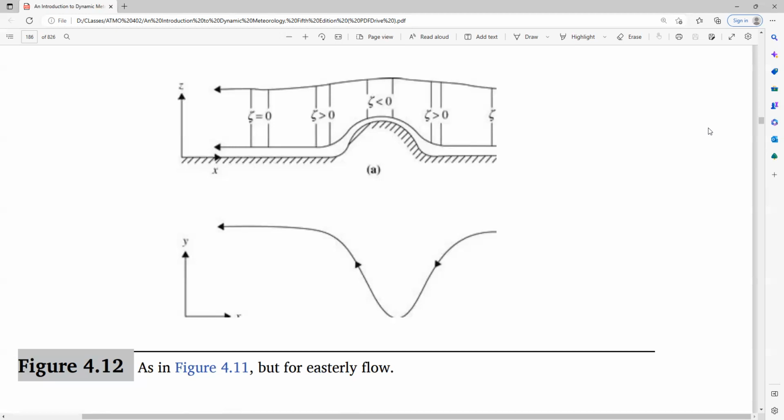For the discussion of potential vorticity, this, of course, is a first approximation, because we consider the ground as an approximation. But you can qualitatively explain certain phenomena.